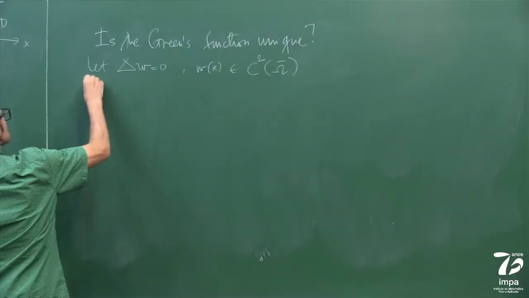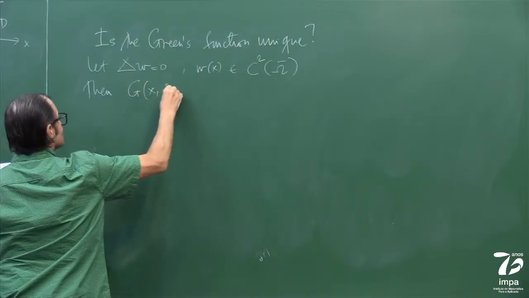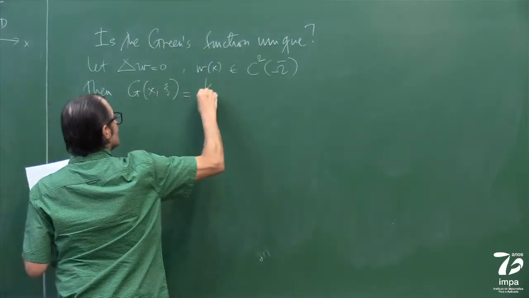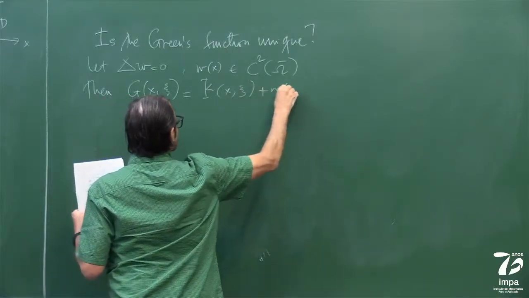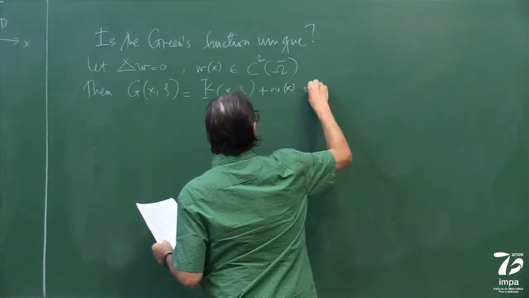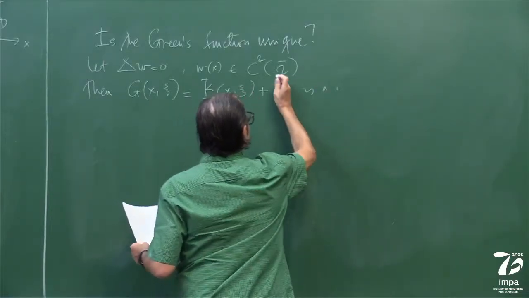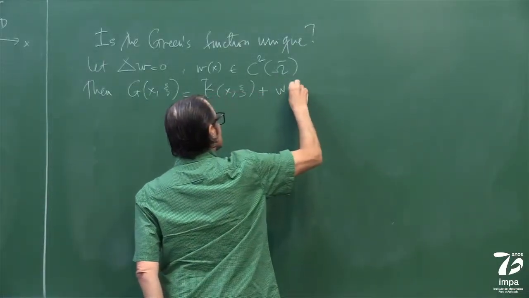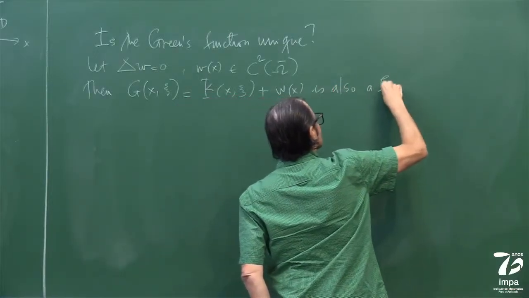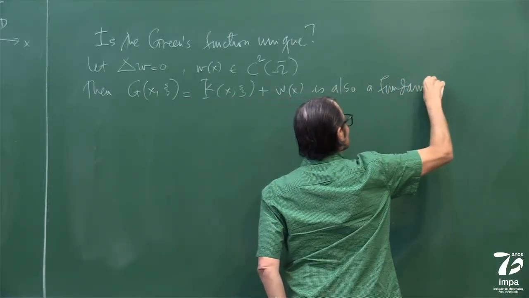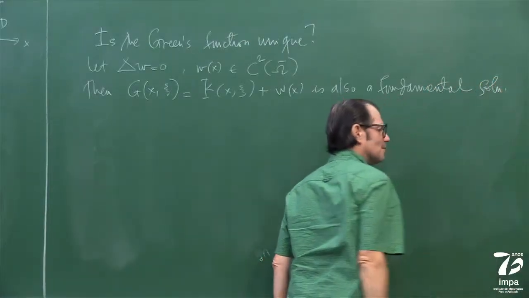Then G of x, xc, equal to capital K of xc plus W of x is also, sorry, handwriting, sometimes I start getting tired in my hand, is also a fundamental solution.